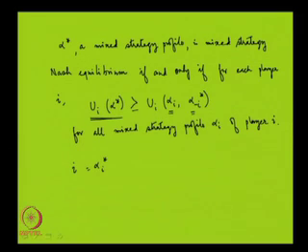So, this is the definition. What is to be remembered is that this capital U is the payoff function of players under von Neumann Morgenstern preference. So, these are the expected payoffs. These are not the ordinal payoffs that we have seen before.